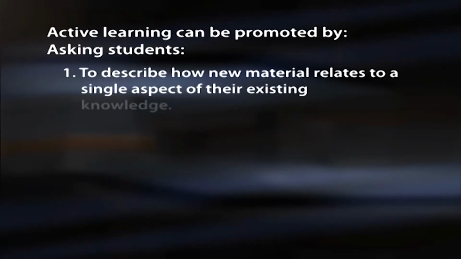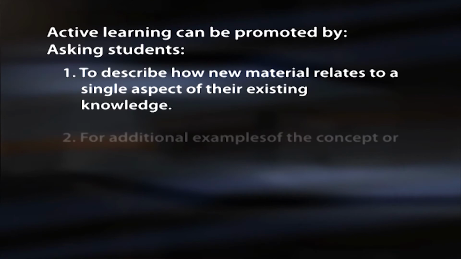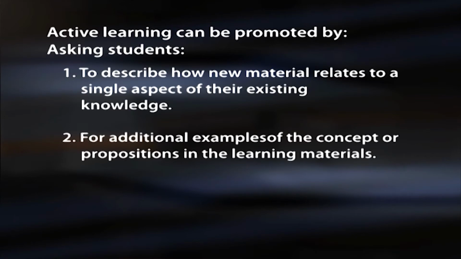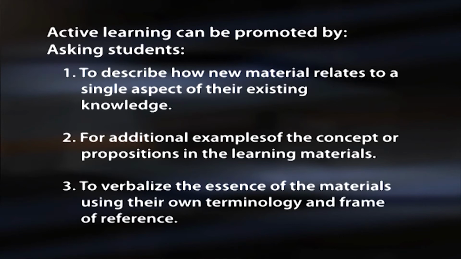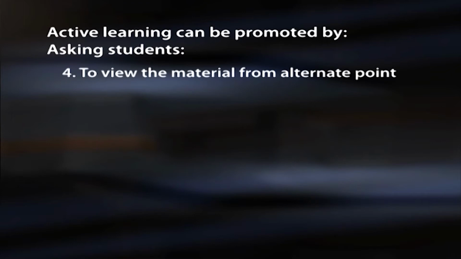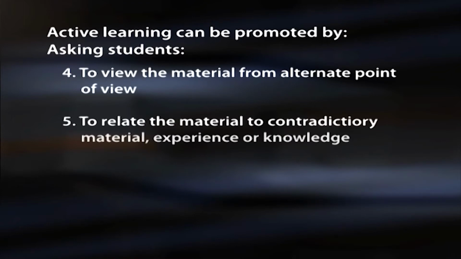Active learning can be promoted by asking students to describe how new material relates to a single aspect of their existing knowledge, to give additional examples of the concept or propositions in the learning materials, to verbalize the essence of the materials using their own terminology and frame of reference, to view the material from an alternate point of view, and to relate the material to contradictory materials, experience or knowledge.